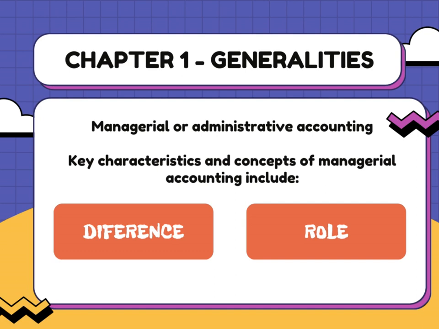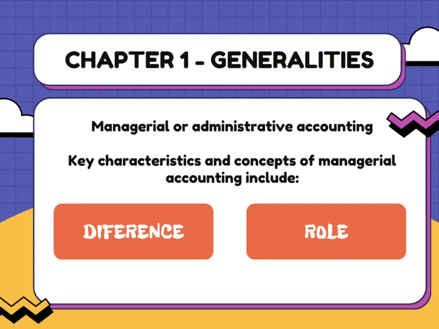Here are some key roles that management accounting plays in the administrative process: planning, decision support, and performance measurement with KPIs, cost analysis, variance analysis, strategic planning, resource allocation, internal reporting, continuous improvement, and compliance.